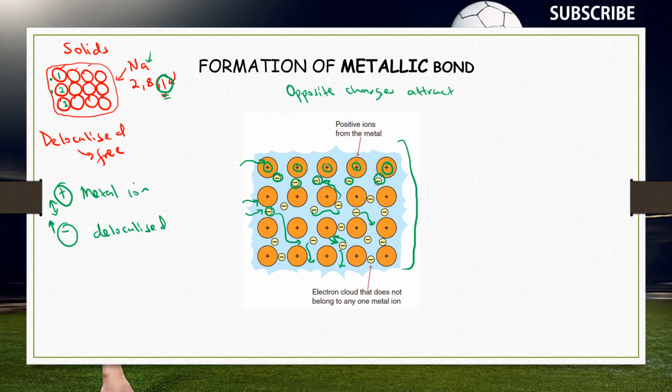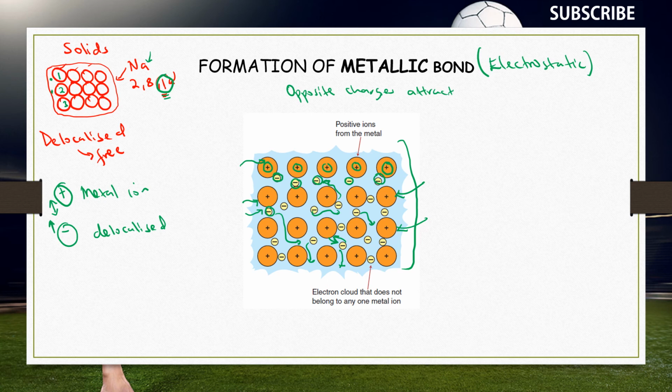It is kind of electrostatic. So a metallic bond is electrostatic in nature. However, it is taking place between similar atoms. This was previously a sodium atom, now a sodium ion. So it occurs within the atoms of that metal.